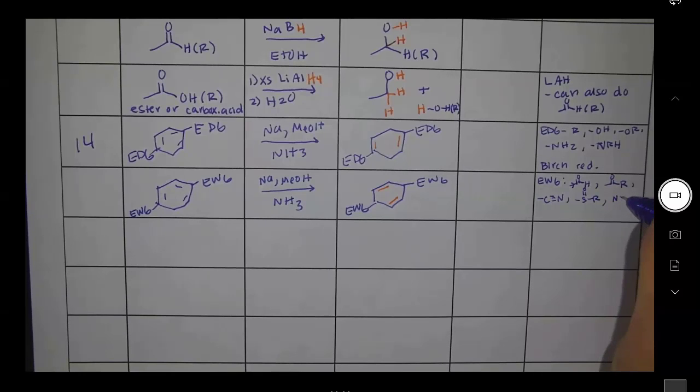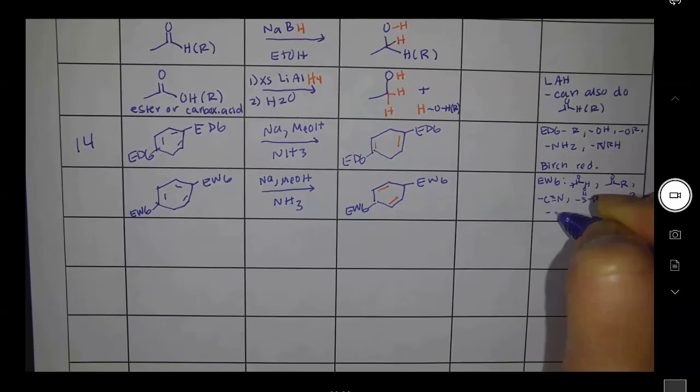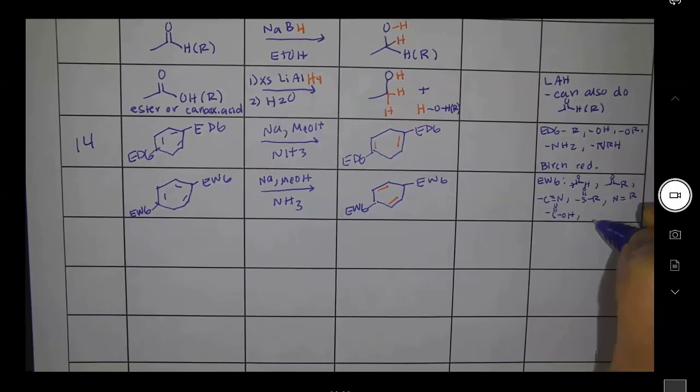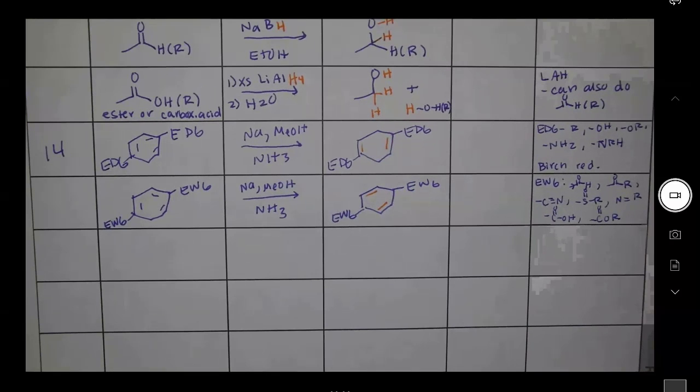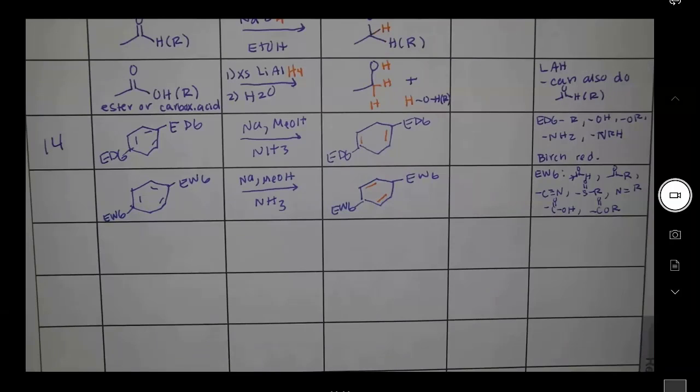If you have an N double bonded to something, carboxylic acid, or an ester. So the electron withdrawing groups do not want to try and stabilize those double bonds, so they want them away from them if possible.